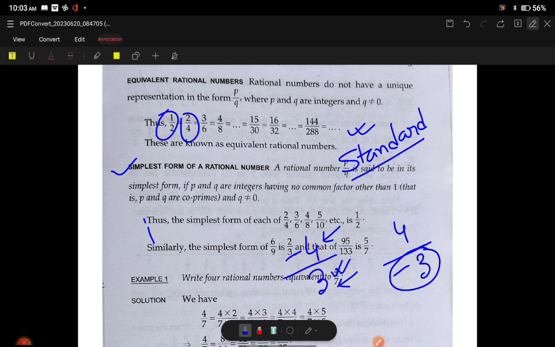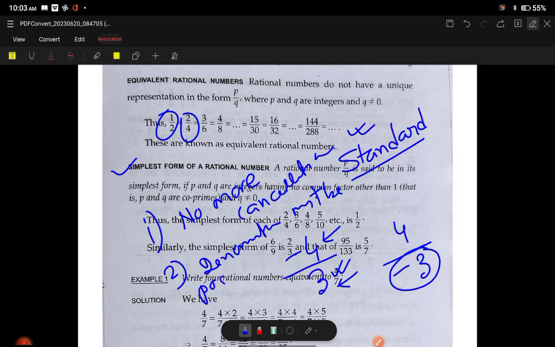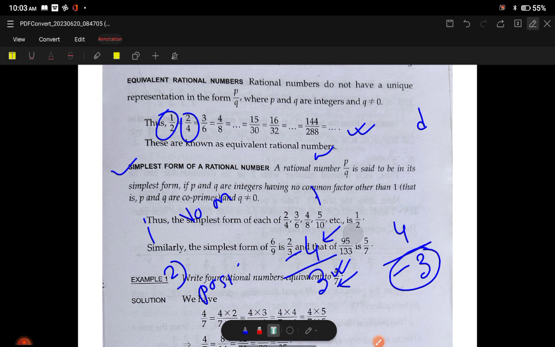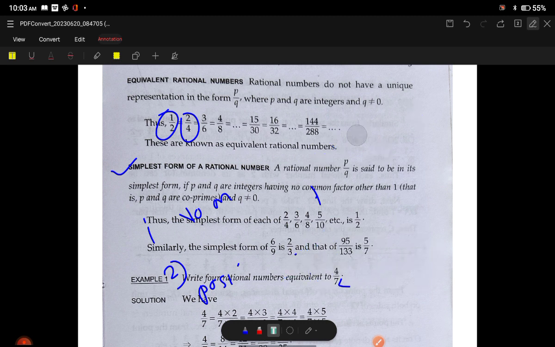So two conditions: the denominator must be positive, and there will be no more simplification. Or you can say the numerator and denominator will be co-prime numbers. We'll discuss co-prime later, just wait a minute.